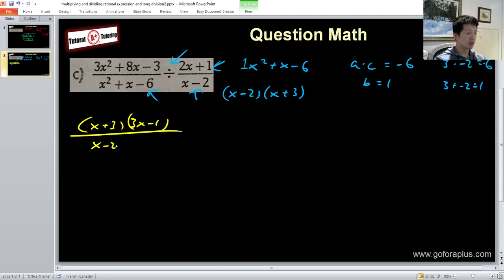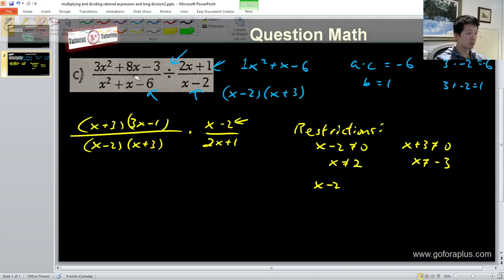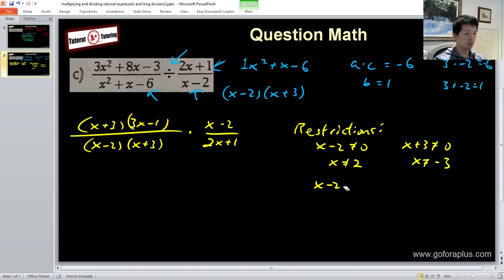At the bottom is x minus 2 and x plus 3, multiplied with x minus 2 over 2x plus 1. And the restriction is going to be x minus 2 not equal to 0, x plus 3 not equal to 0. So I have x not equal to 2, x not equal to minus 3, and also x minus 2, well, that's repeated, so I don't need to do that actually. So this part is repeated.